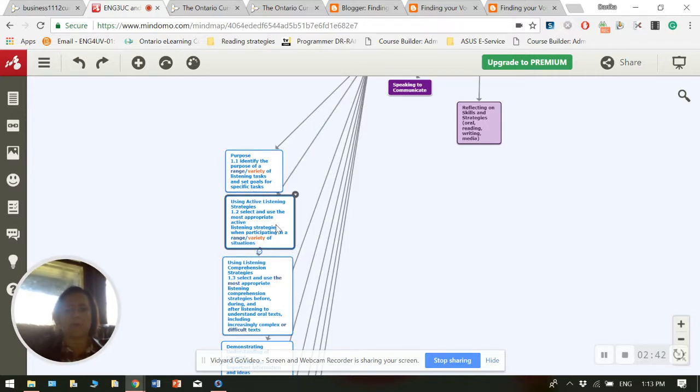And the light blue is exactly the same in both expectations. So what we notice is for the 3U, for example, when they're asked to identify a certain number of things, they're asked to identify a range. Whereas with the 3C, they're asked to identify a variety.